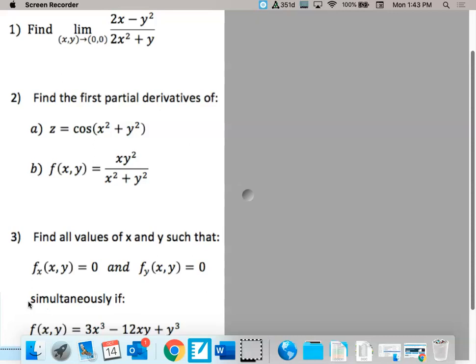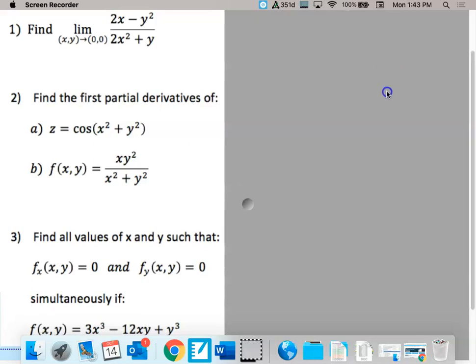That works out really well. Then they did 0 comma y goes to 0, 0, which means they plugged in a hard 0 for the x's. When you plug in a hard 0 for your x's, those are gone, and you just get negative y squared over y, which reduces to negative y over 1, which then when you plug in a 0 for y, you just get 0, right?